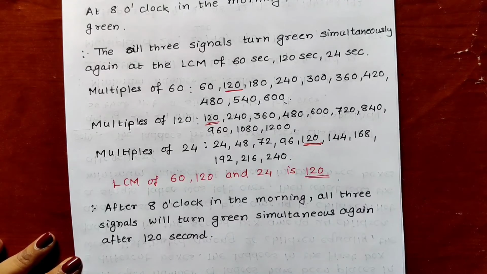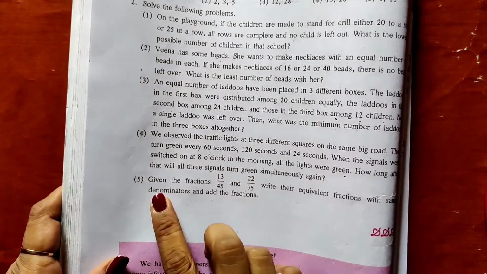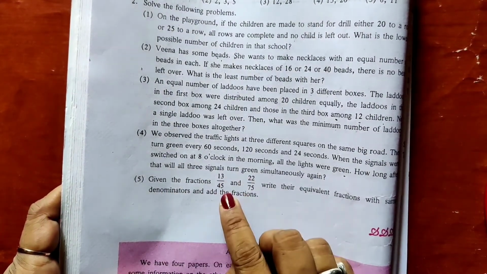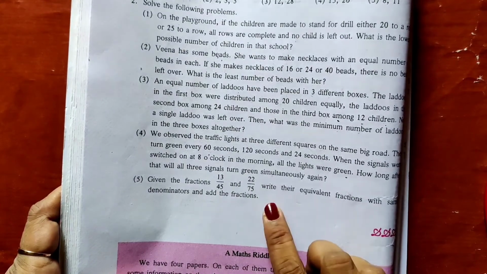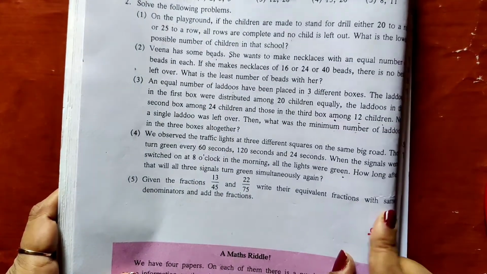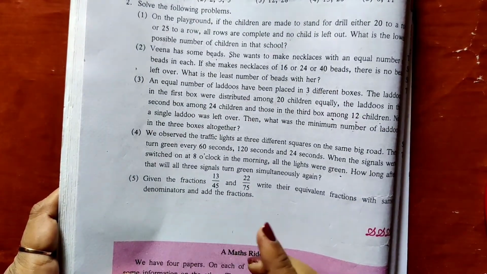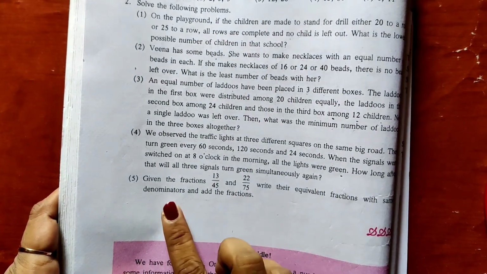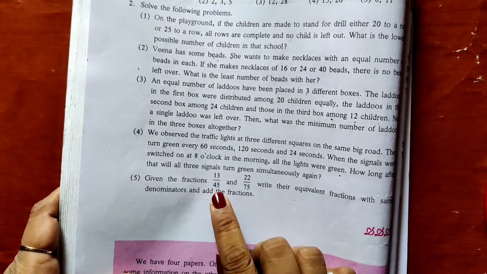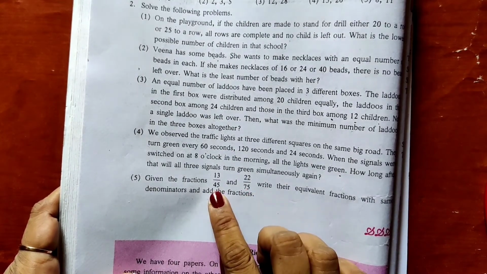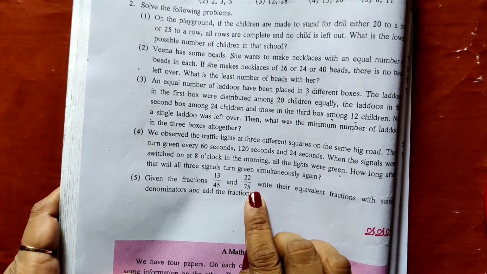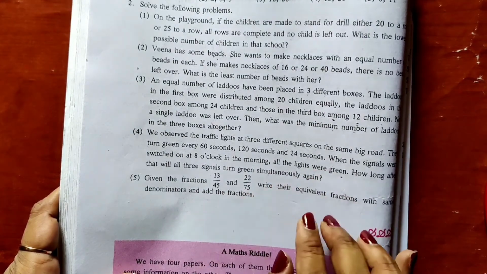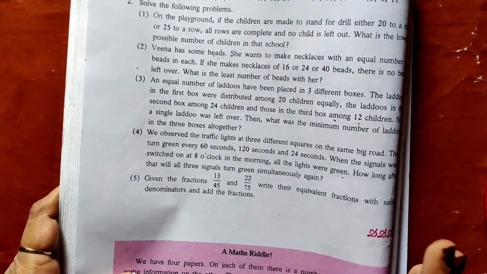Now last sum, question number 5. Given the fractions 13 upon 45 and 22 upon 75, write equivalent fractions with same denominators. We all know when the denominators are same, the fractions are equivalent fractions. So how to make denominators the same? If you take the LCM of 45 and 75, we will get the same denominators, and then the fractions will be equivalent fractions.